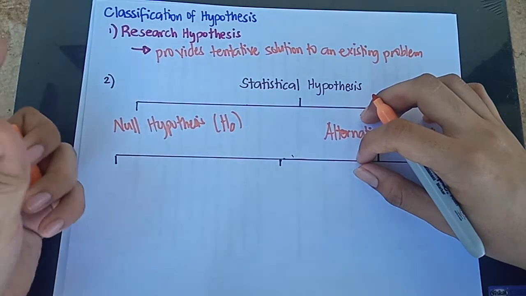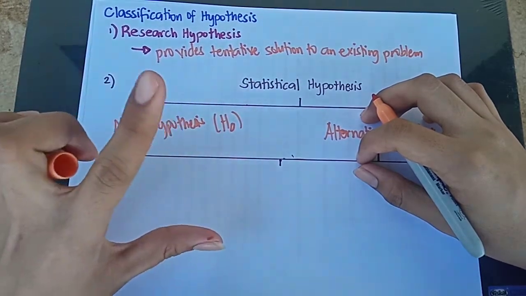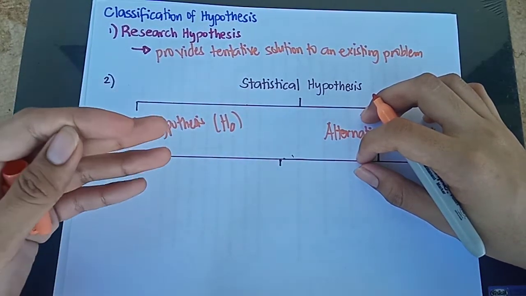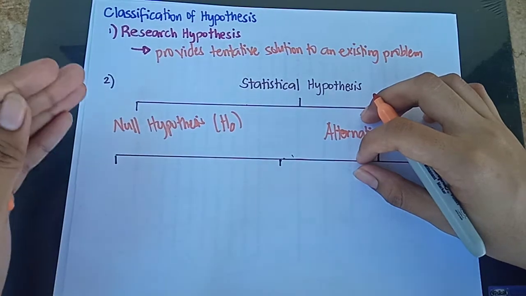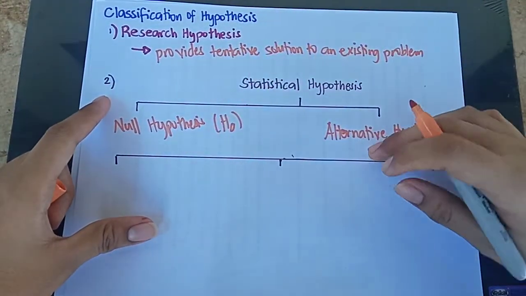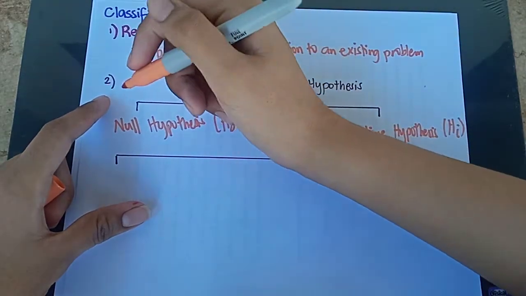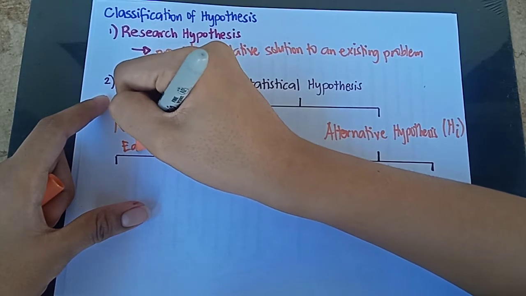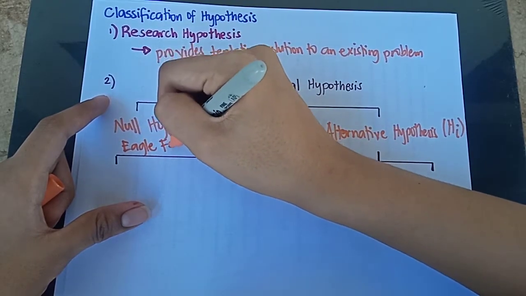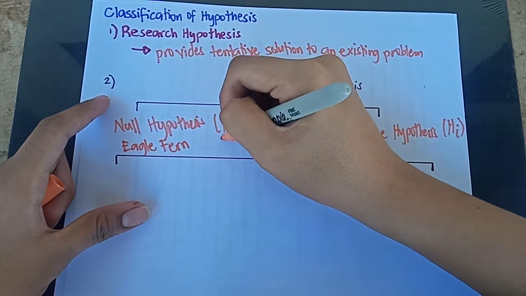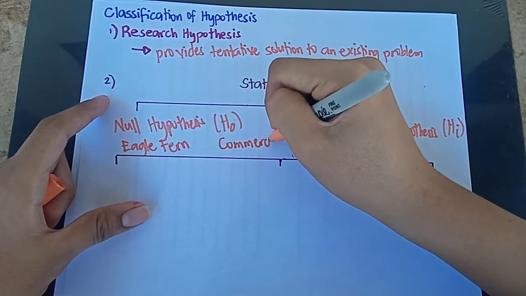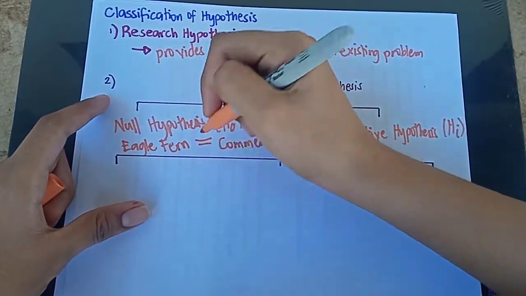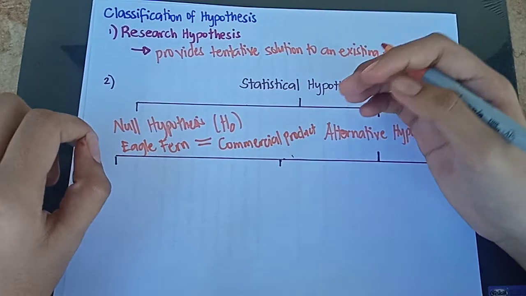A commercial product is a brand that is widely known to kill a certain bacteria or to serve its purpose. So, in null hypothesis, there is no significant difference between eagle fern, our independent variable, and the commercial product. Meaning to say, they are equal.